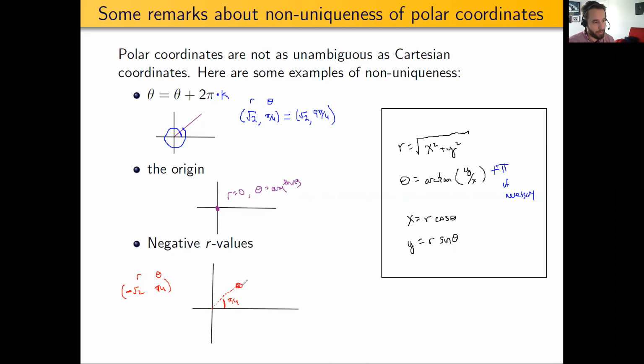And so this is the point that would correspond to positive square root of 2, pi over 4.